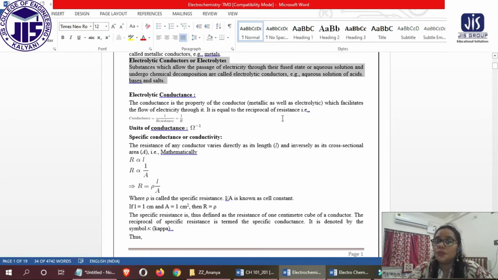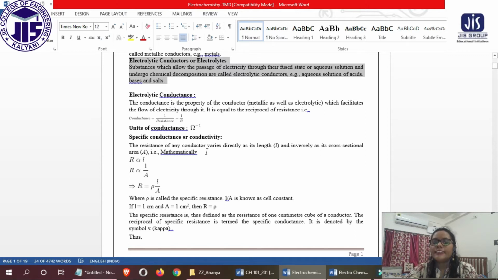It is equal to the reciprocal of resistance, that is, conductance equals 1 by R. The conductance of any substance is indirectly proportional to the resistance, it is just 1 by resistance. The unit of conductance is ohm inverse.